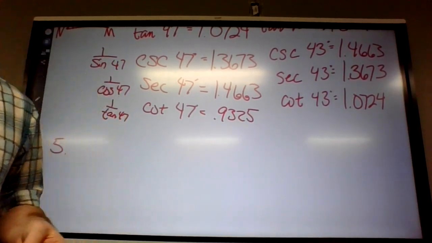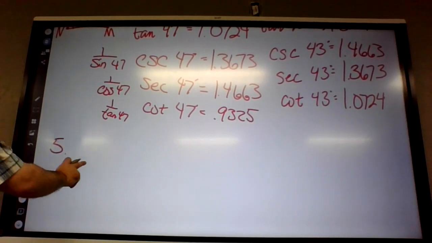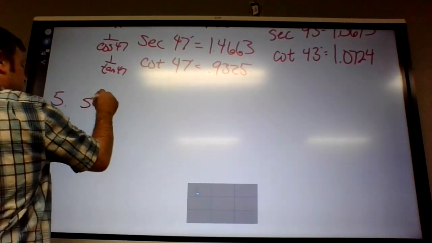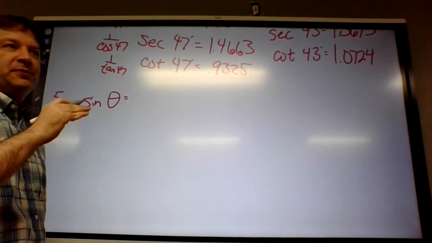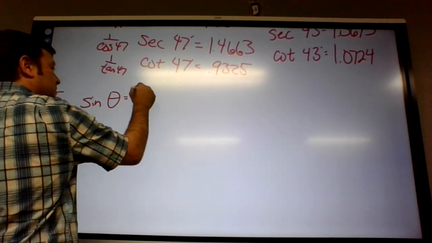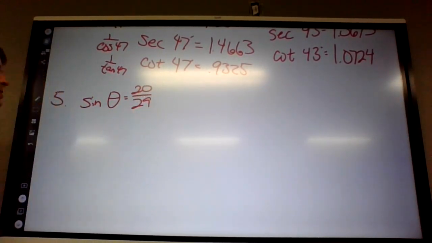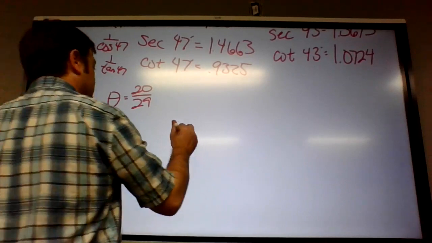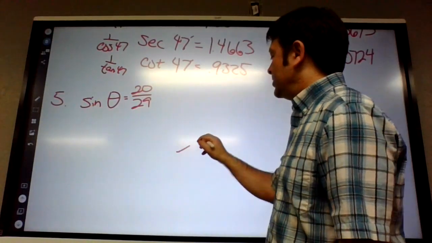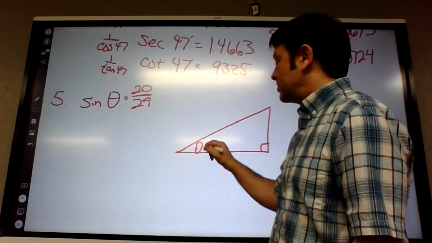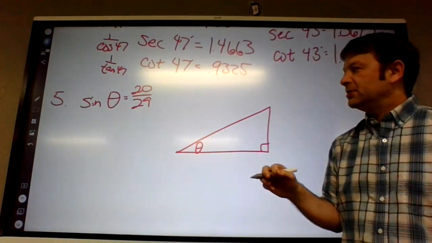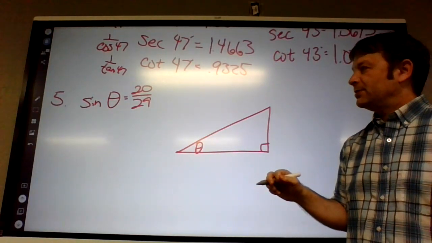Number 5, sine of theta equals 20 over 29. So, the directions are state the other 5 trig ratios given this one. Okay, what is sine of theta equals 20 over 29? What does that tell us? If I drew a right triangle and I said this angle is theta, then what else do I know about this triangle?